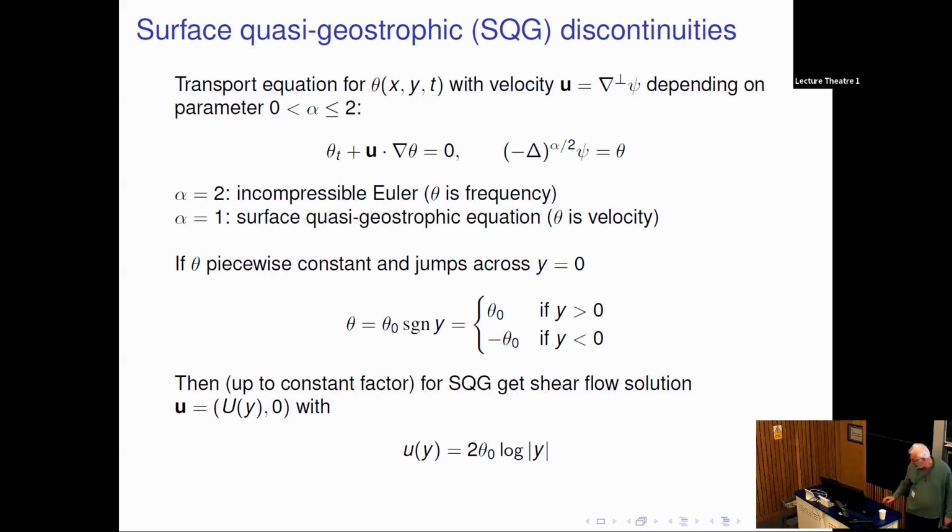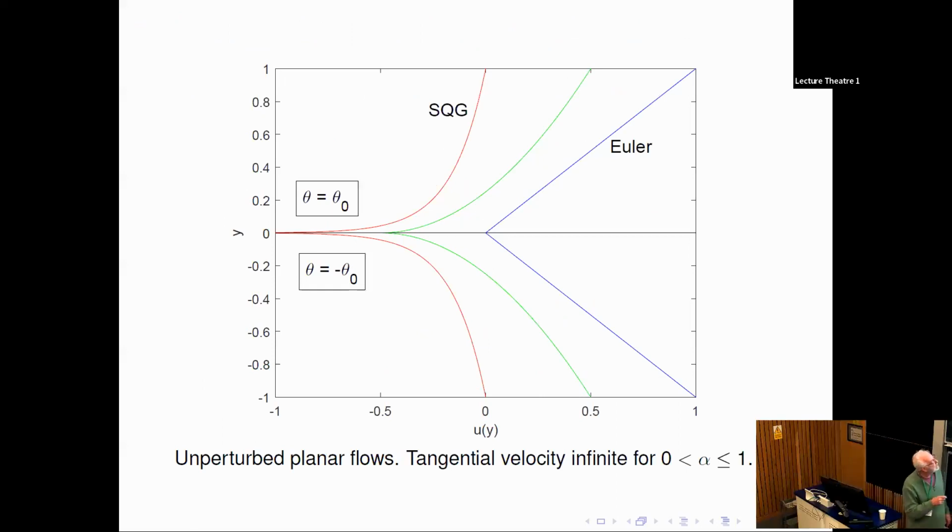But that turns out not to be the case, because the unperturbed shear flow for SQG is actually a logarithmic profile. Basically because the Hilbert transform of a step function is a logarithm. So that logarithm sort of spoils the scaling invariance, right? If you rescale y, you actually rescale the velocity by a constant factor.